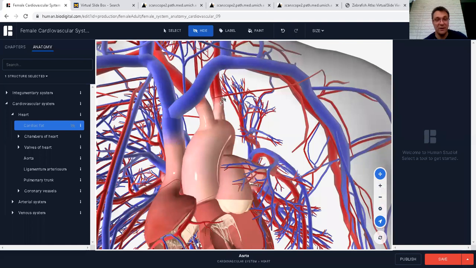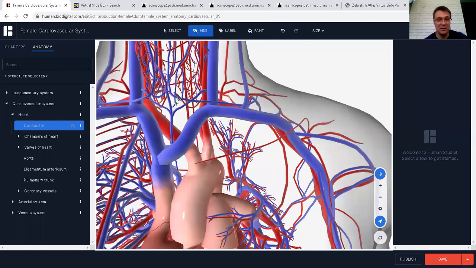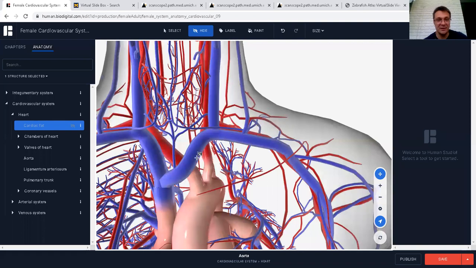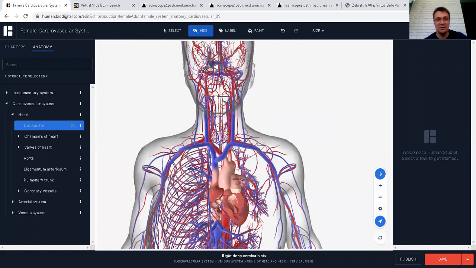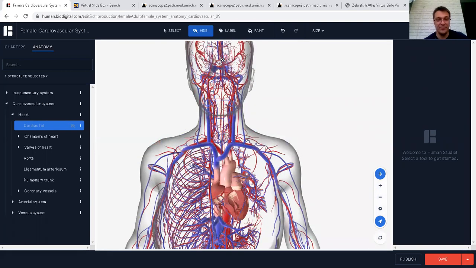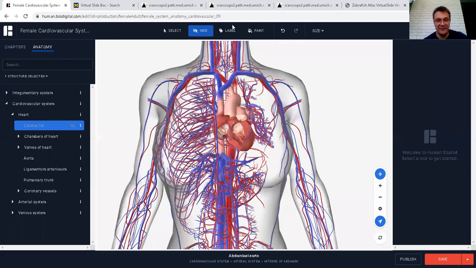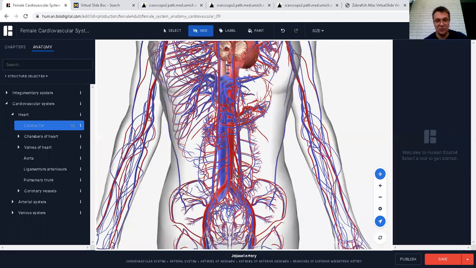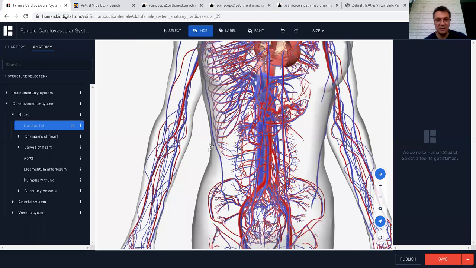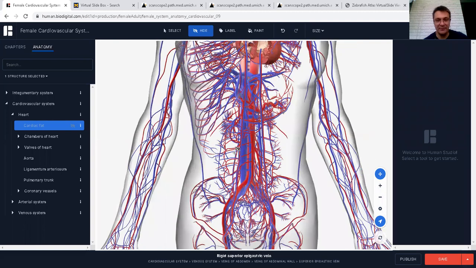For example, they can enter the carotid arteries and in such a way injure the brain. Then they can continue their passage to the abdominal part of the aorta and imagine what will happen.